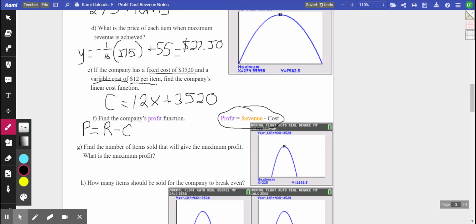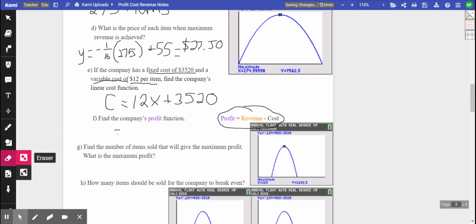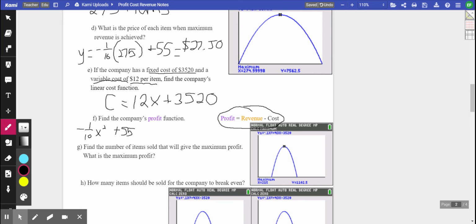Our revenue, if you remember correctly from up above, let me get rid of this so I have space, our revenue was negative 1/10 x squared plus 55x. So that was our revenue. If I subtract my cost from that, my cost was the prior step, 12x plus 3520.